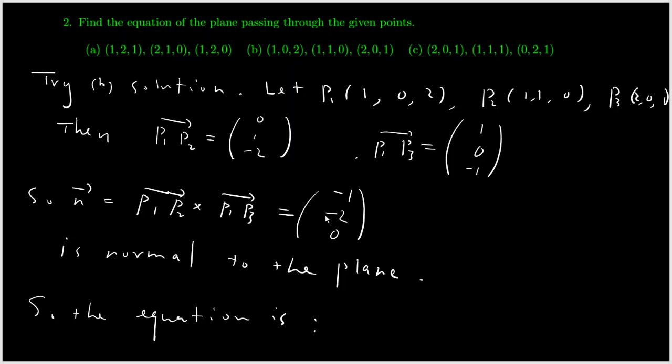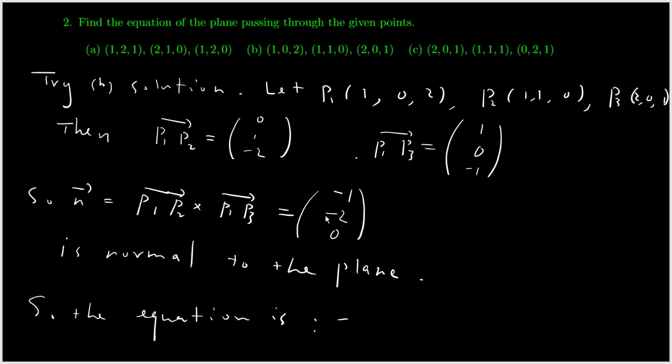Now, after getting a normal vector, then you are ready to get the equation of the plane, right? For the equation of the plane, use -1 as A, -2 as B, right? How about we just use P1? We just use P1, okay?